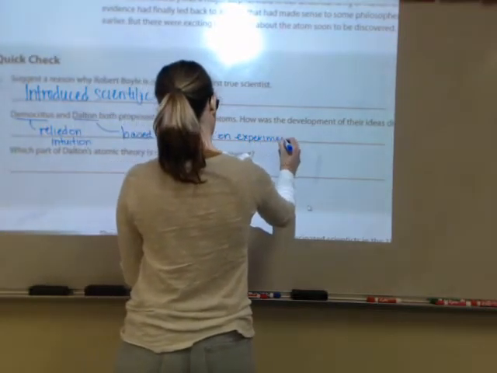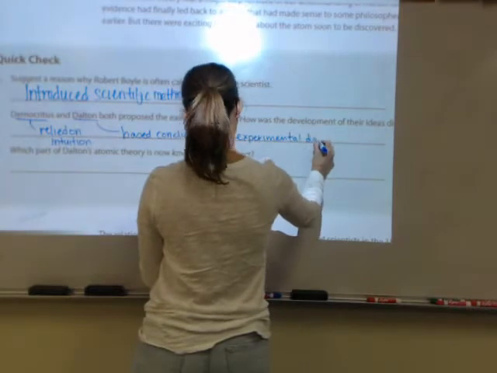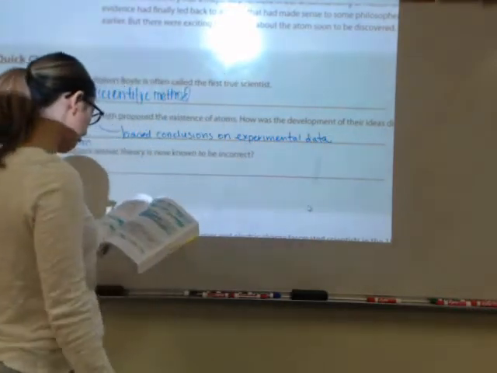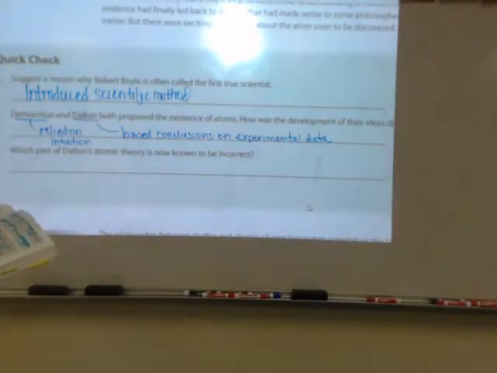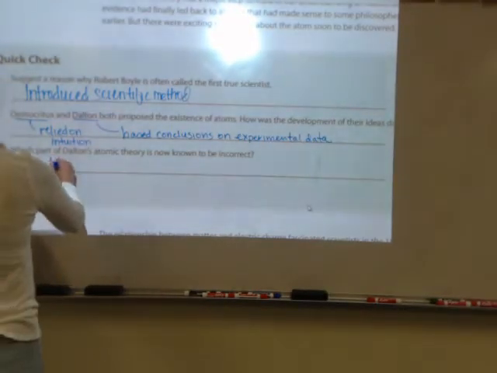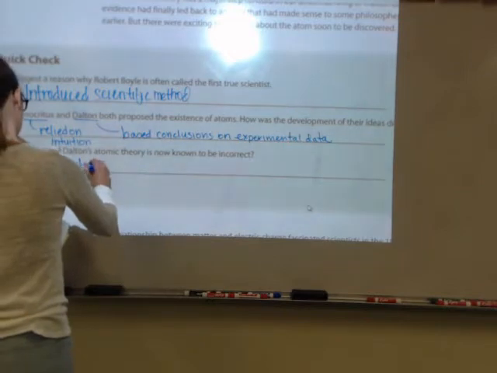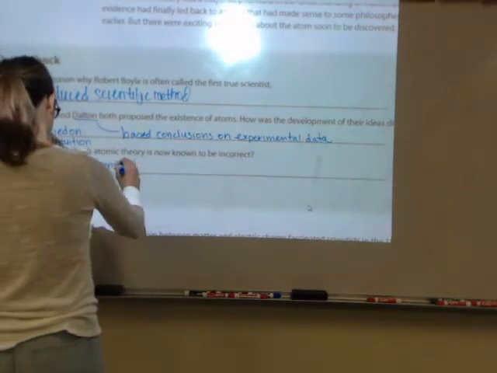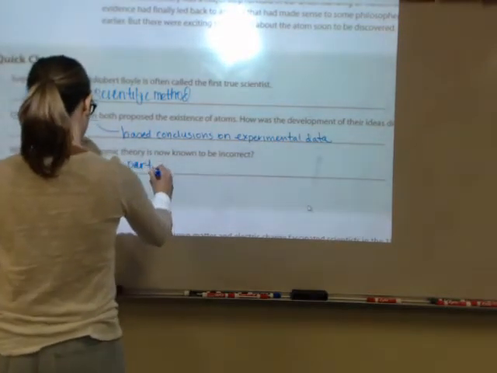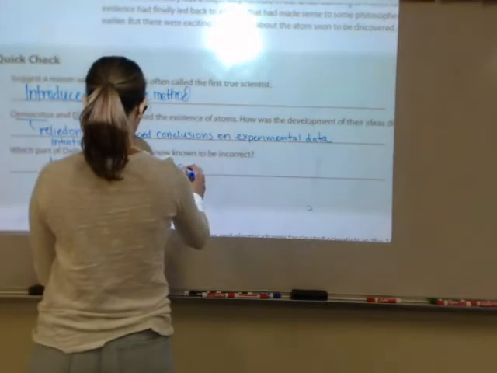Number 3, which part of Dalton's atomic theory is now known to be incorrect? Well, number one, let's throw something out there that I haven't mentioned yet. Subatomic particles are technically smaller than atoms, right?